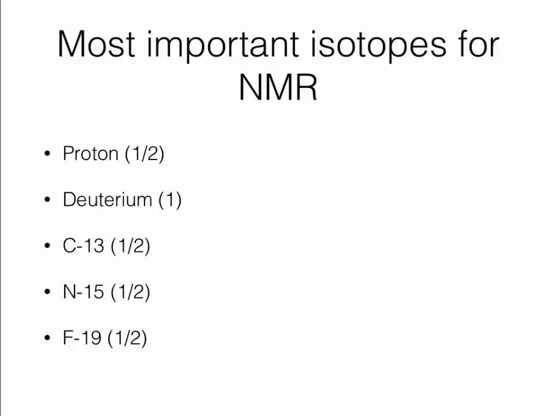And that will be important further down the line as you begin to understand more sophisticated experiments. Carbon-13, an isotope of carbon, has spin of 1/2. Nitrogen-15, a relatively rare isotope of nitrogen, has a spin of 1/2. And fluorine-19 is also 1/2. And so you can do the NMR experiment with all of these isotopes and many more.